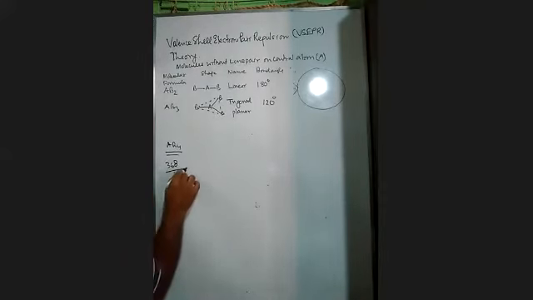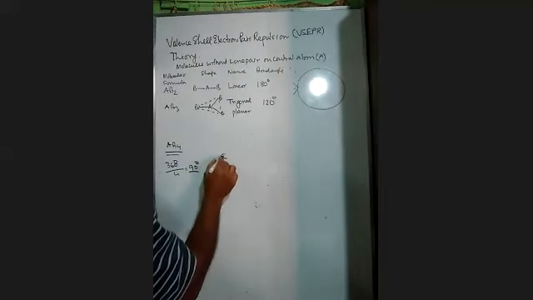Now we'll go for AB4. Don't write; try to understand. Just like that, I will divide 360 by 4. It comes to 90.